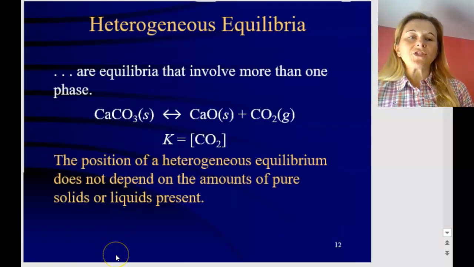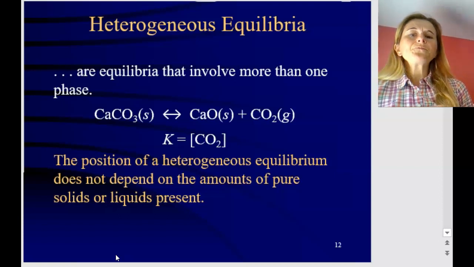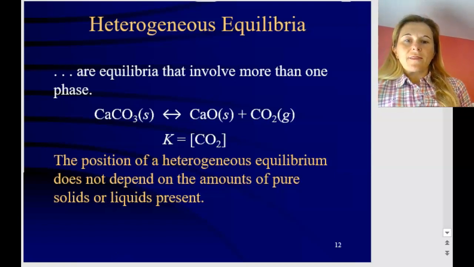So heterogeneous equilibrium is heterogeneous. Remember, heterogeneous means that we have different things involved in the same space here. So it is equilibrium that involves more than one phase. And we can see here that we've got a solid and a gas.